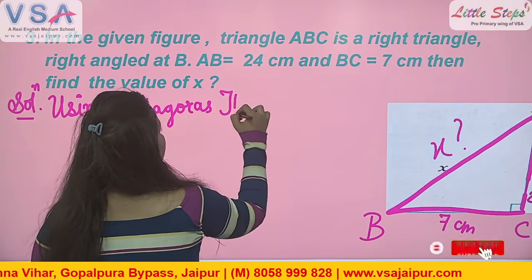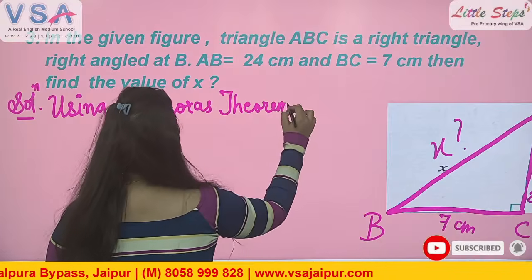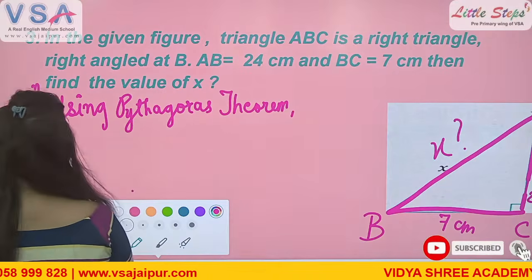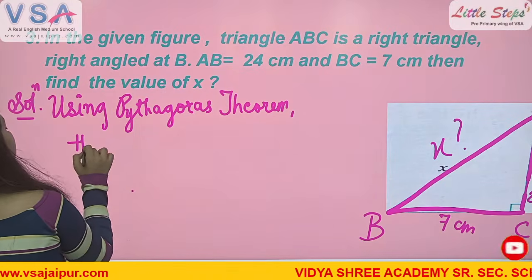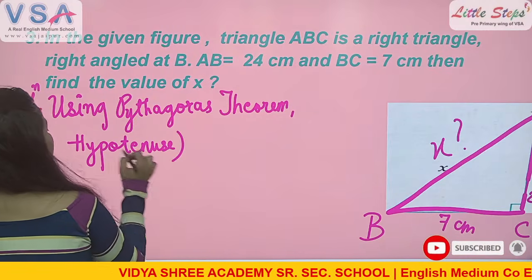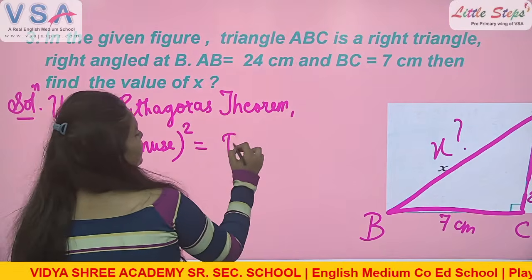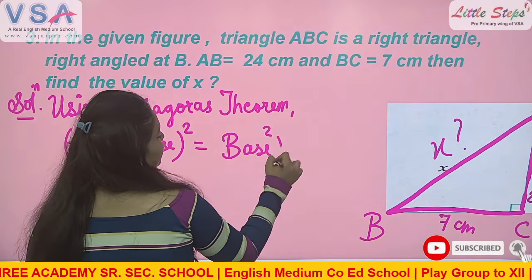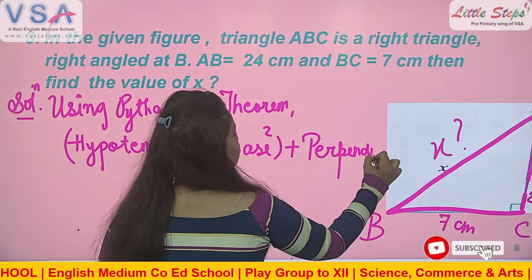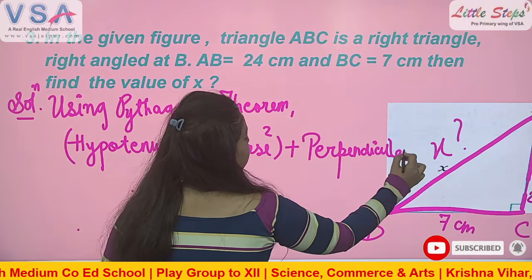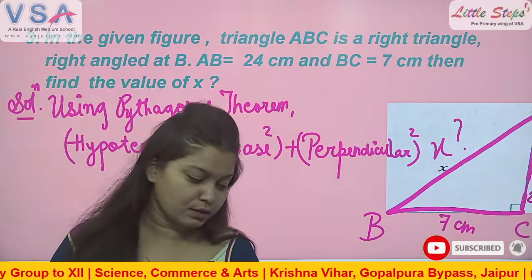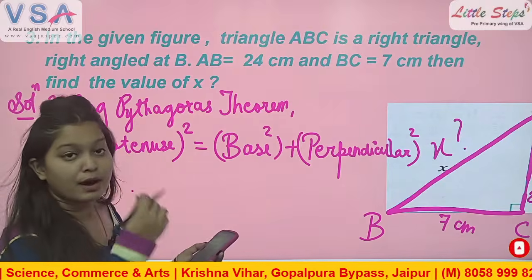You all know the Pythagoras theorem: hypotenuse square is equal to base square plus perpendicular square.